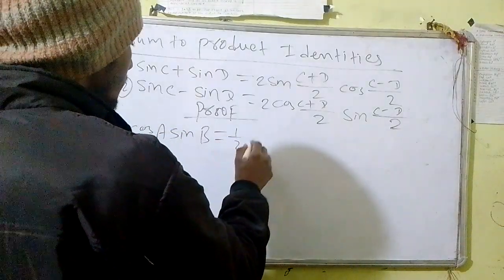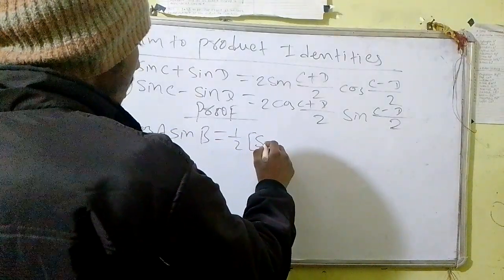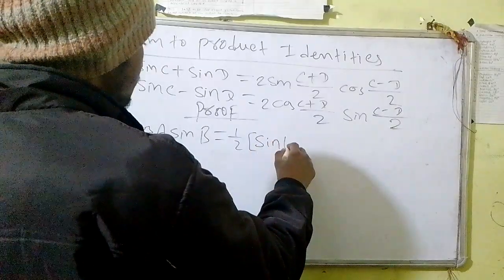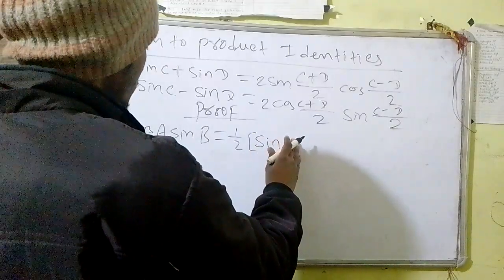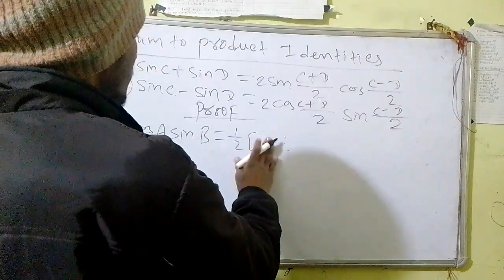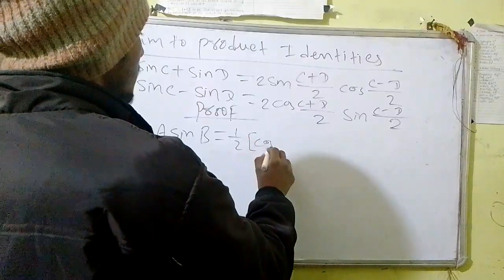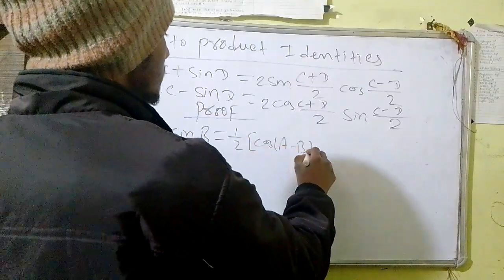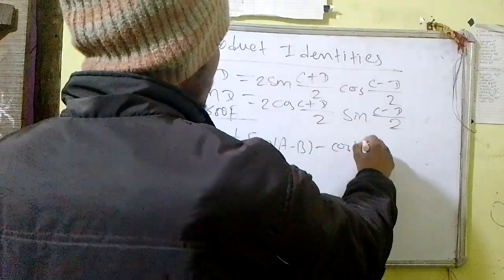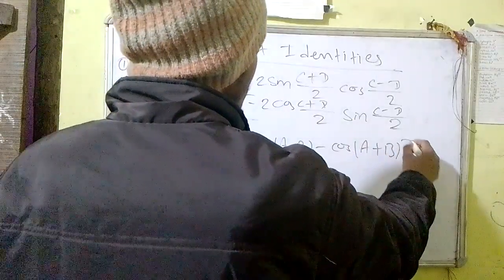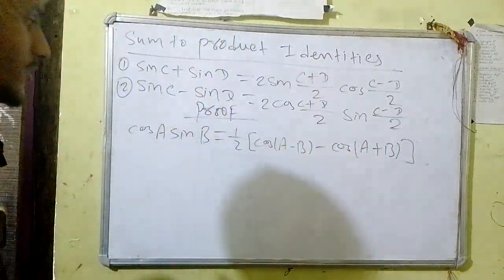What is related to cosine A, sine B? It is half cosine A minus B minus cosine A plus B. We have to manipulate this identity.